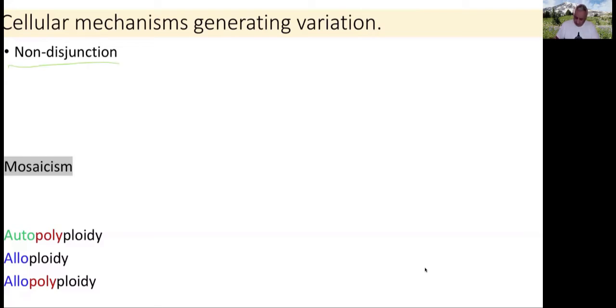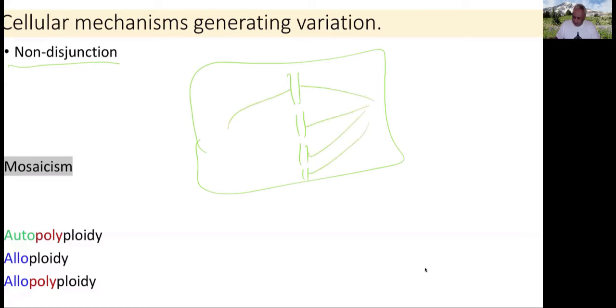Normally, the chromosomes of the cell line up at the metaphase plate during metaphase, and then they are pulled to opposite sides by the cell's spindle. We assume that the process will share the chromosomes evenly between the 2 daughter cells.